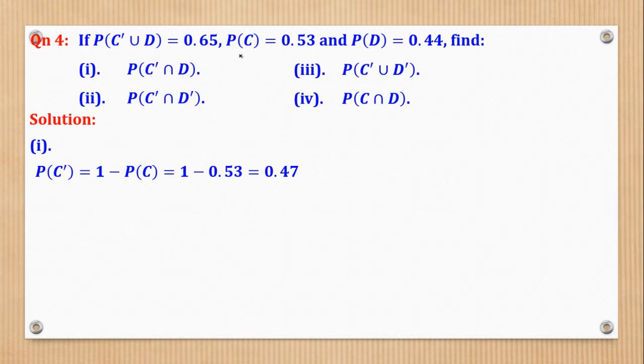But the good thing, we know the probability of C, so probability of C complement will be 1 minus probability of C, which gives you 0.47. But that's not what they want. Remember, they want this.